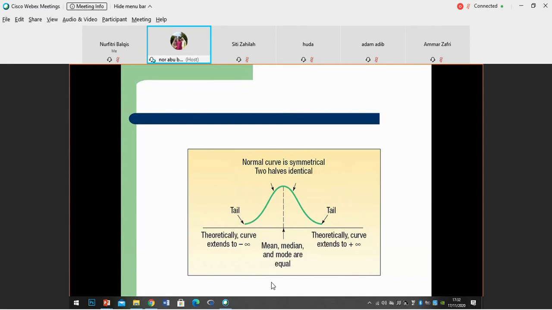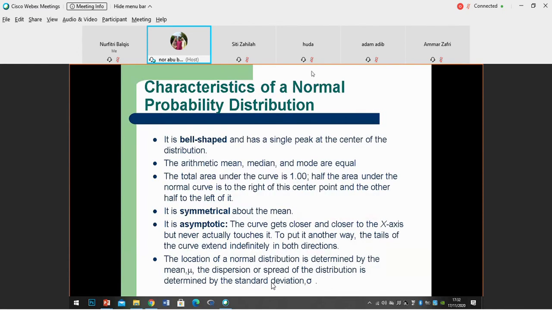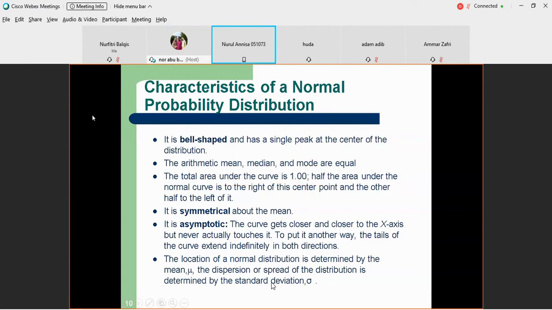Okay, mungkin ada satu lagi yang saya tak sebut. Boleh siapa-siapa recall? Nampak ni? Dia cakap area under the curve is 1. Apa maksud tu? Maksudnya dia tak menyentuh pada x-axis. Area under the curve is 1. Total area bell shape tu adalah 1. Dan kalau separuh? 0.5.